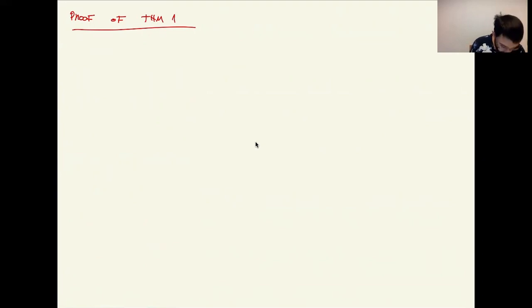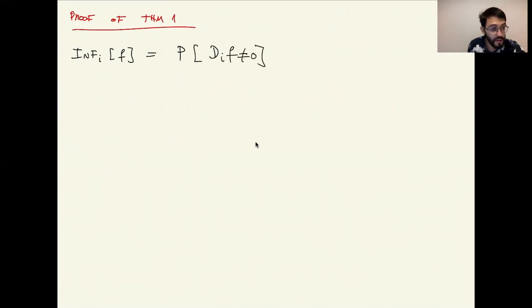So first of all, let's see what I want to do first. Okay. So what's the influence of a variable I? Well, we do know that the probability of the derivative in the direction I being not 0. Okay, this is again one of these identities we showed.